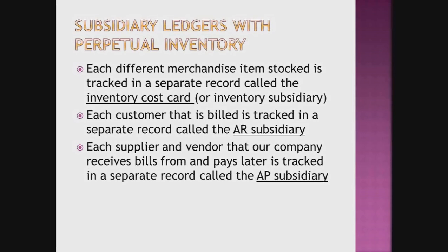So we'll have the inventory cost card for each different item. You'll see in a minute we have units, dollars, we keep it all. And if you have customers that owe you money, you're going to have to keep track of each individual customer, because if they walk into the store and say, "What do I owe you?" you need to be able to tell them what that is. We, of course, also have to keep track of our bills, so we'll have an accounts payable subsidiary.